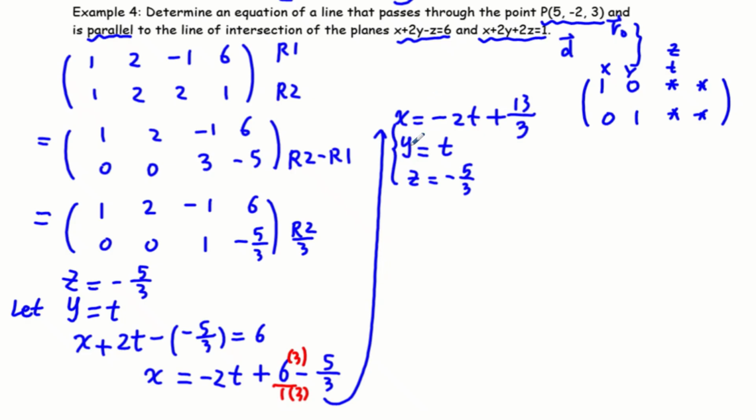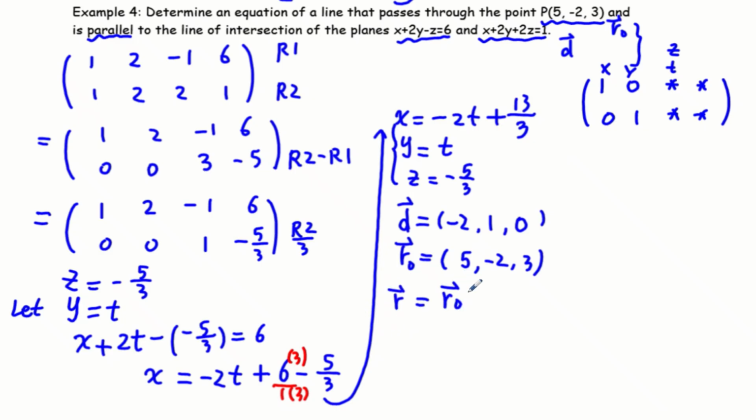So this is our line of intersection, and from this line of intersection we just need the direction vector, the number at the front of t. So the first one is negative 2, second one is 1, last one we don't have t, it means it's 0. So we have the direction vector, then also we have the r0 from the given, so it's 5, negative 2, and 3. We are able to write the vector equation of the line as r0 plus t times d, or s times d.